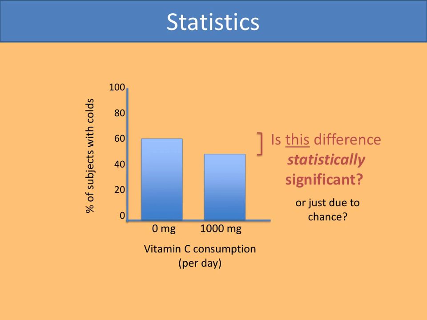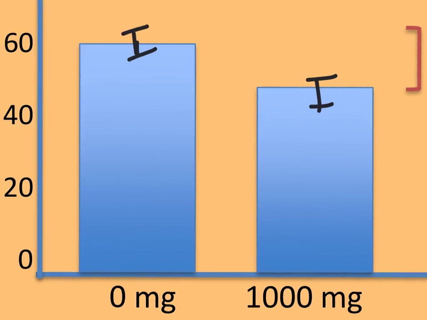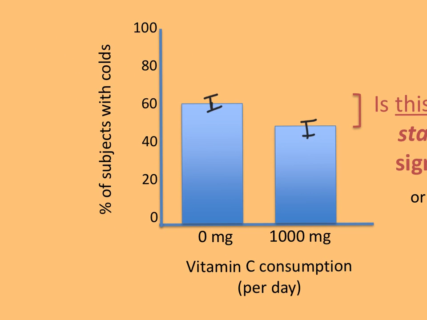But if each sample was 1,000 individuals, your variation around that, because you have such a good estimate with so many individuals, you might find that, and these are the means, and then the standard deviation around that mean. Do they overlap? No.